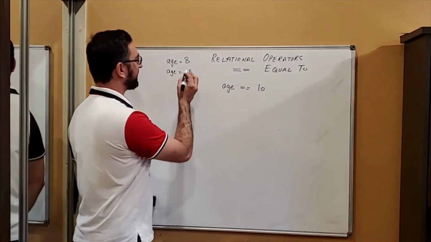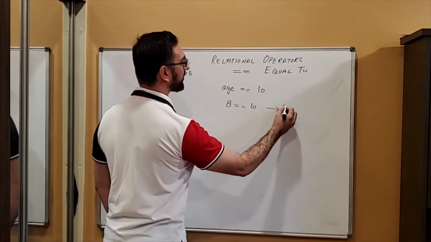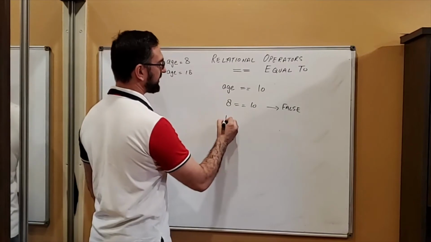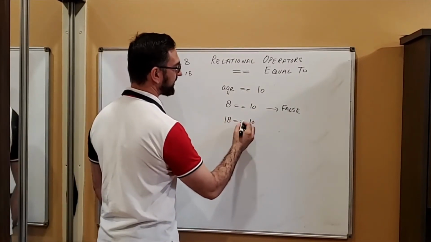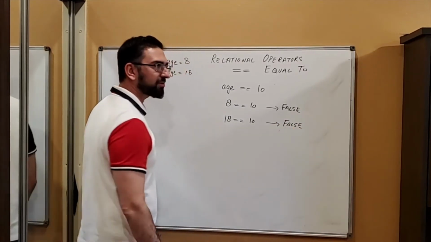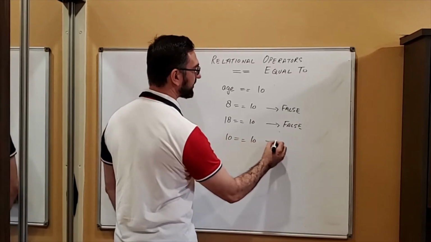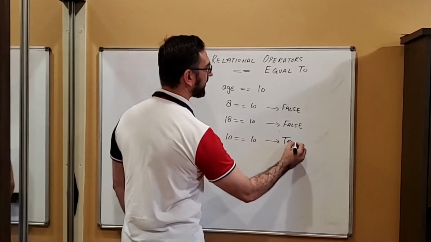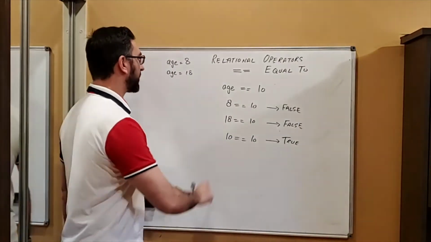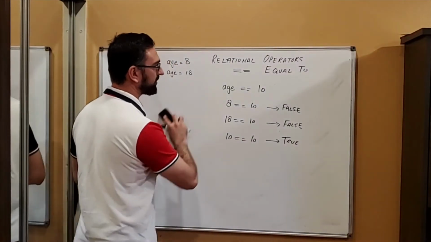So in this case, if age is 8, 8 equals 10 is false, so they cannot ride the roller coaster. If age is 18, 18 equals 10 turns out to be false, so they cannot ride the roller coaster. However, if a 10-year-old comes, then this condition matches and it is true, so this person can ride the roller coaster. So this is just an equal operator comparing equality of the left hand side to the right hand side.